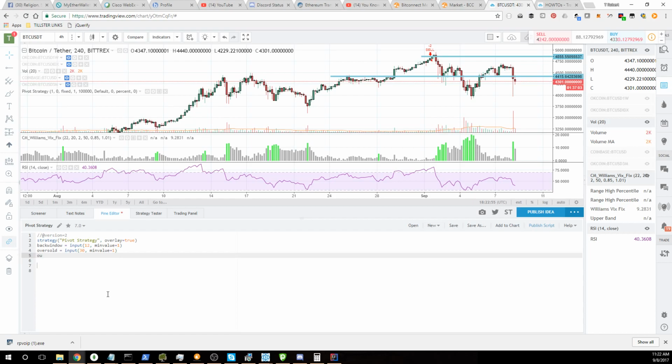And our overbought is an input, and this is our 70. So we're going 30 below and 70 above. Min value equals 1.